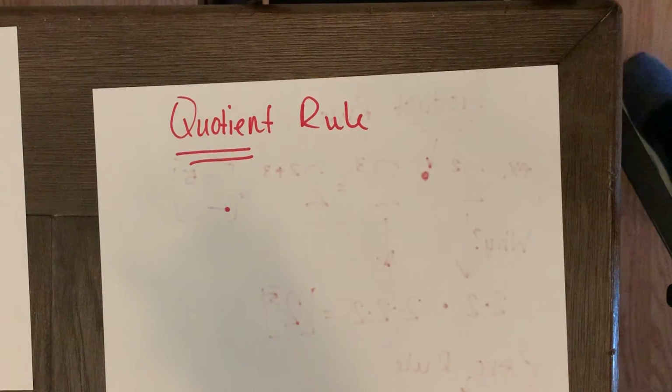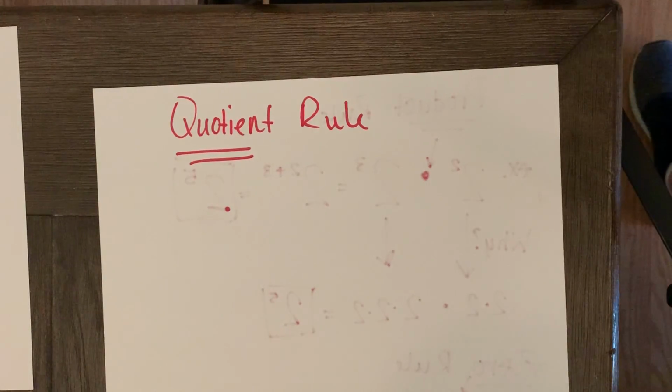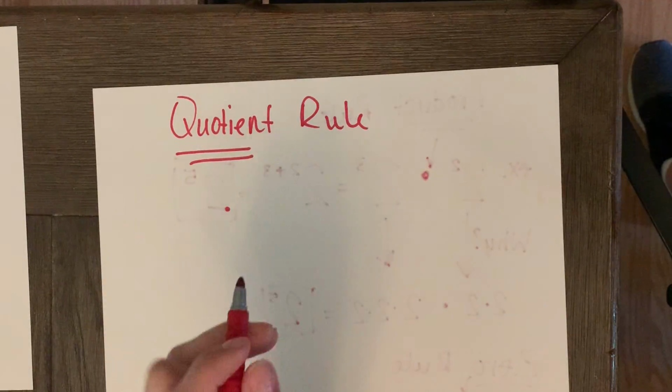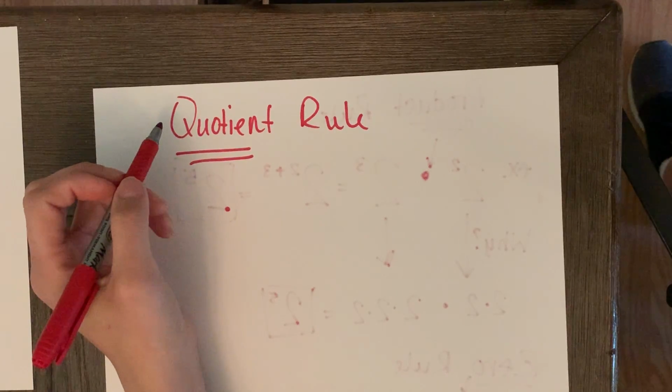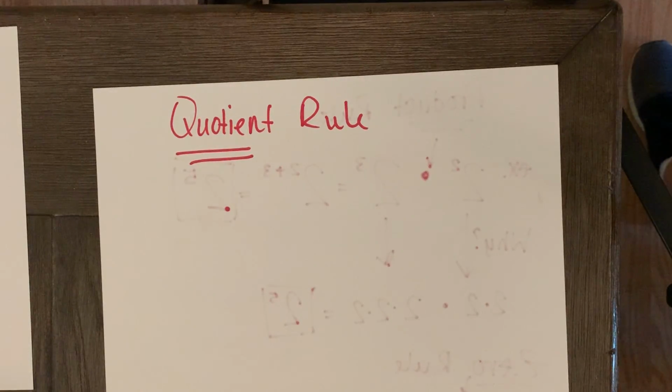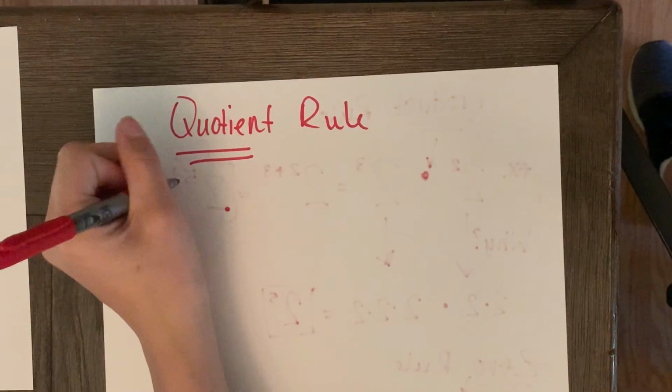Adding, its inverse is subtracting. Dividing, its inverse is multiplying, okay? So that is something to keep in mind here, because we just did the product rule. Now in the product rule, we added our exponents. In the quotient rule, we're going to subtract our exponents.